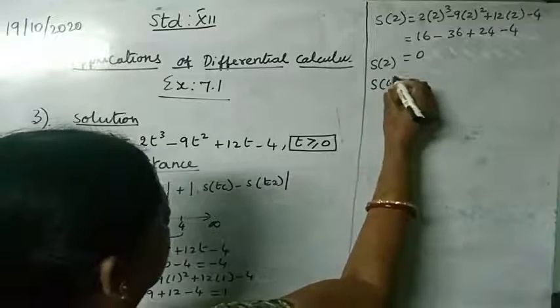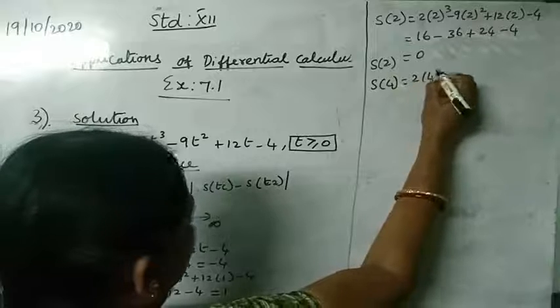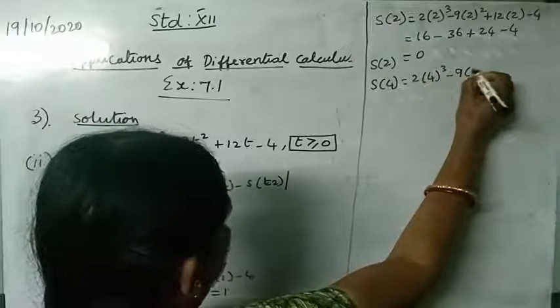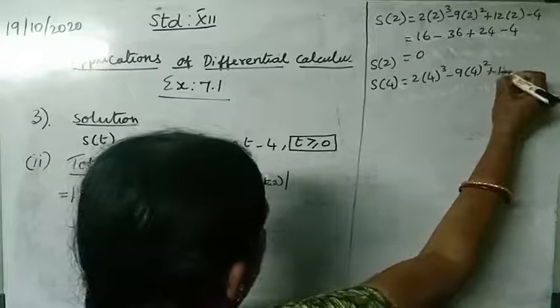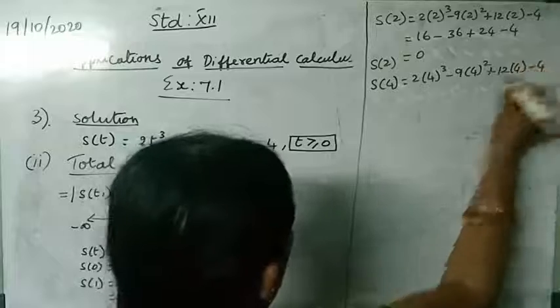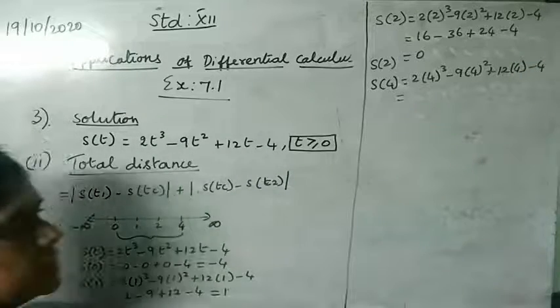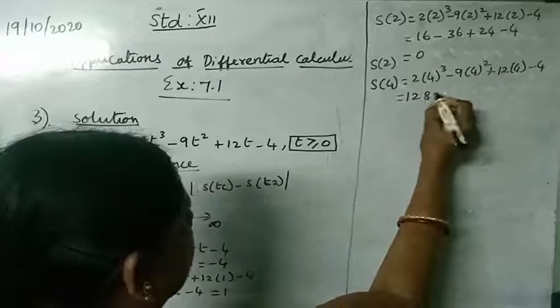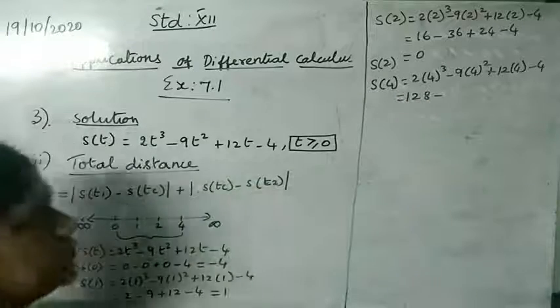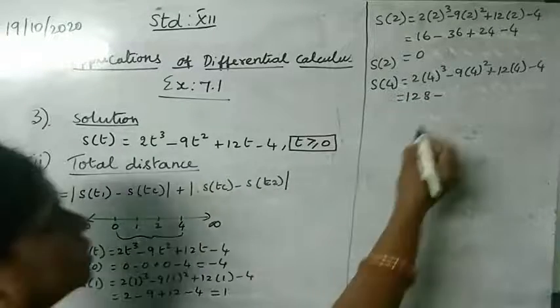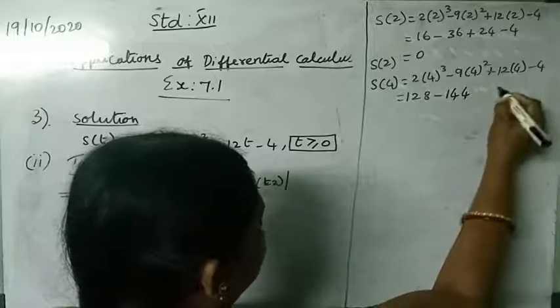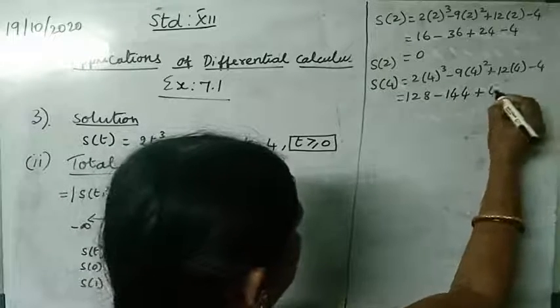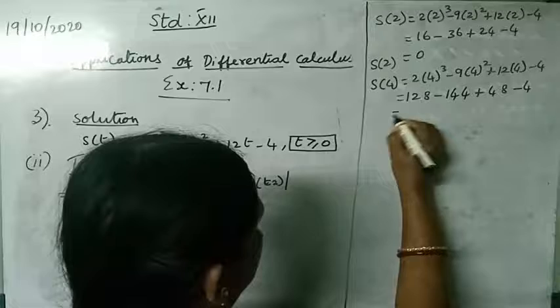Then find S of 4. So 2 into 4 the whole cube minus 9 into 4 the whole square plus 12 into 4 minus 4. So 4 4s are 16, 16 4s are 64, 64 into 2 is 128, minus 16 9s are 144, plus 12 4s are 48, minus 4.